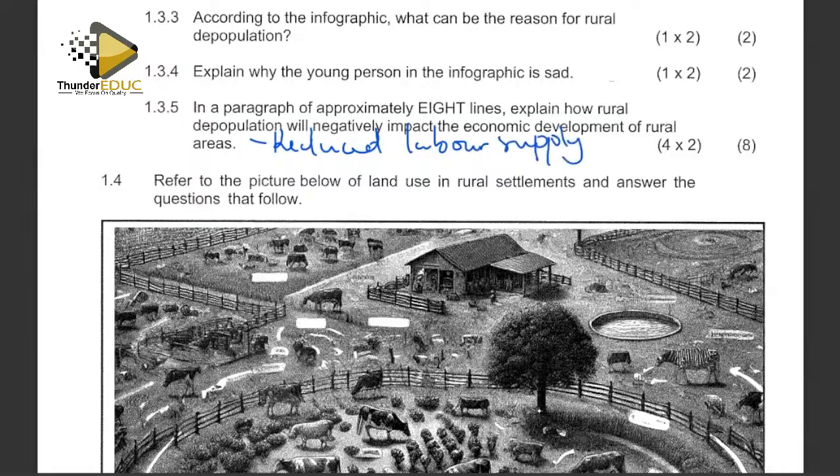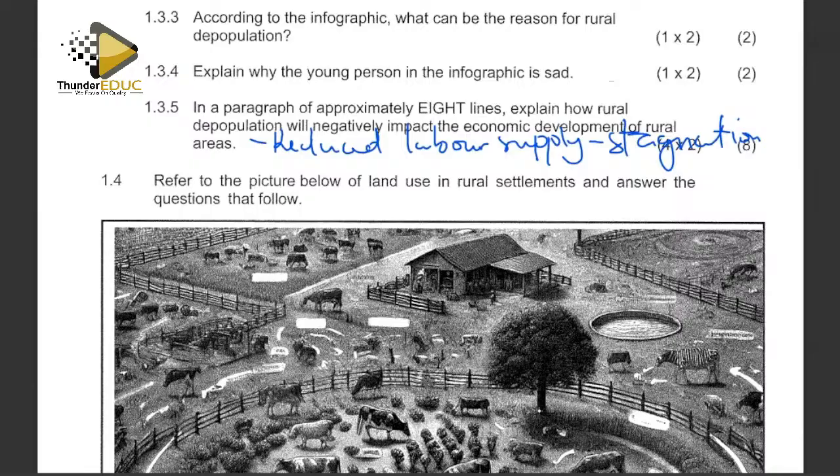We know well that the productive labor force is the one that migrates to urban areas. And on the rural areas, there is reduced labor supply that is going to cause stagnation of the economy. The economy is not going to grow, it's going to be stagnant because it no longer has productive labor force.